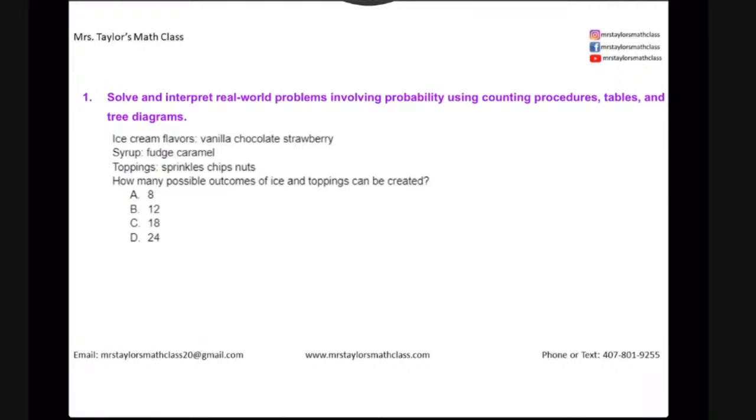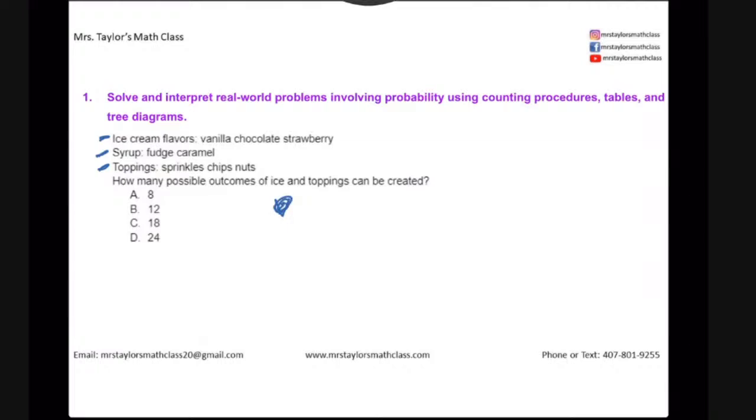So if we are using all three of the items, the ice cream, the syrup, and the toppings, they just say ice cream and toppings, so I guess let's do both ways. So if we was doing all three, now let me do it like this.